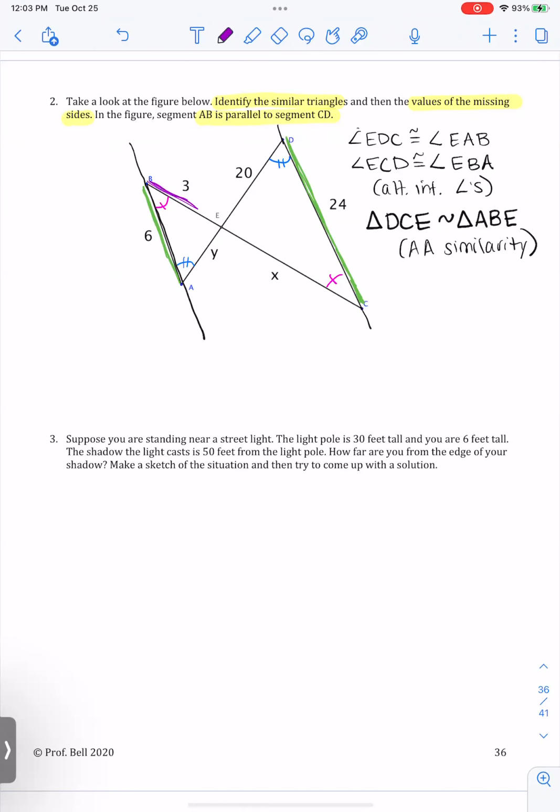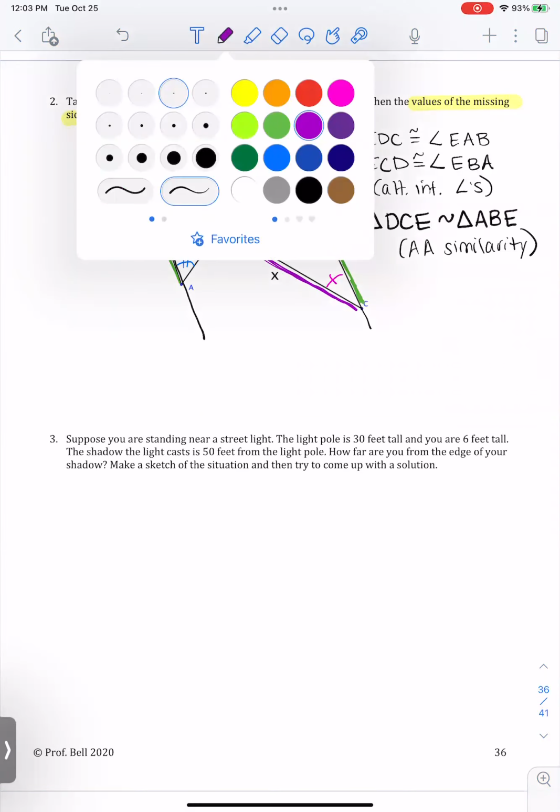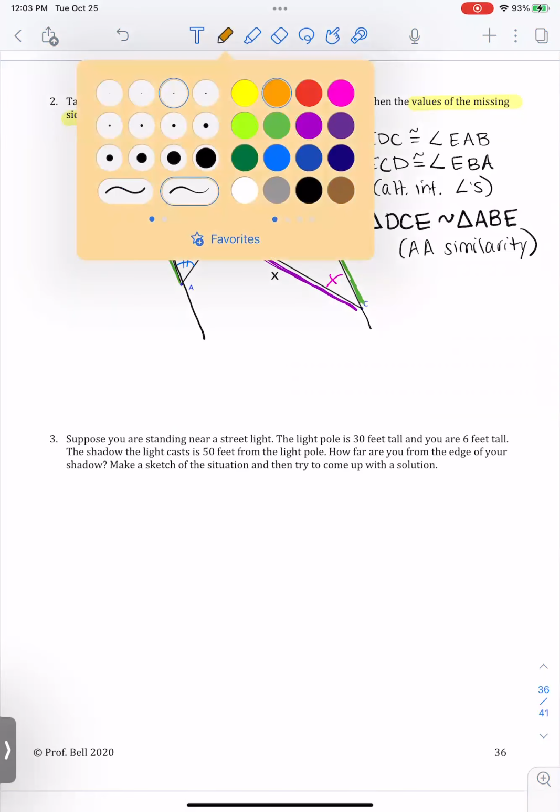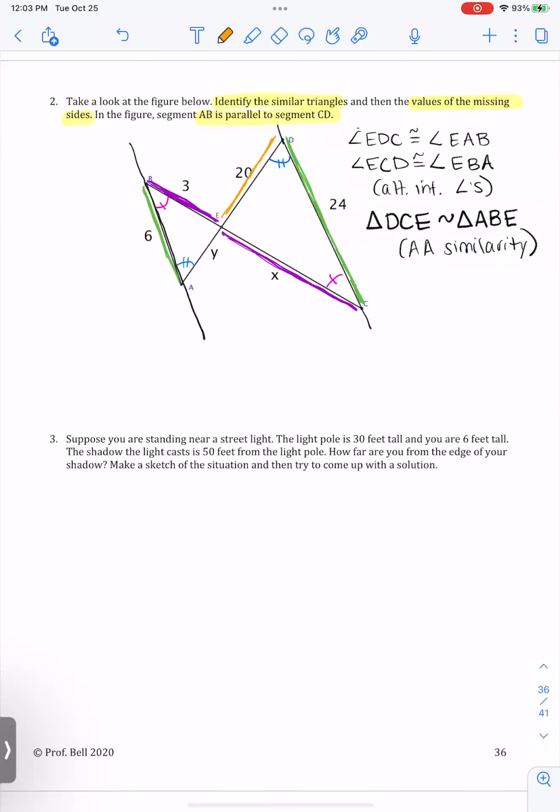We know that this side BE is proportional to this side over here, the other purple side. And then finally, let's use another color. Orange. We'll say that this side here is proportional to this side here. Let me fix this orange line so it's not coloring the actual side length.